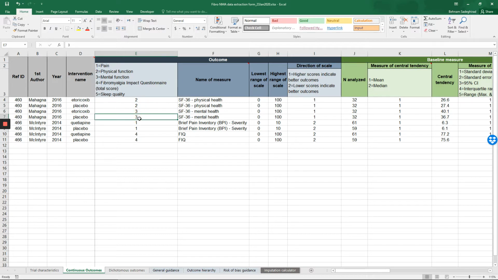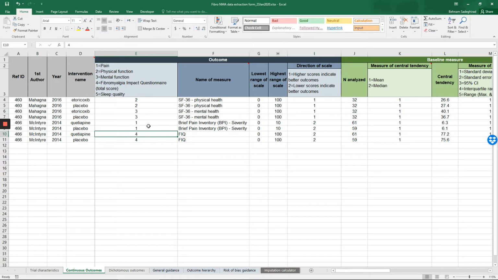In that study, there is physical function and mental function, as the codes 2 and 3 refer to, for each one of the 2 arms of the trial. While for the next study, ref ID 466, for each one of the arms, there is an outcome for pain and an outcome for the fibromyalgia impact questionnaire.